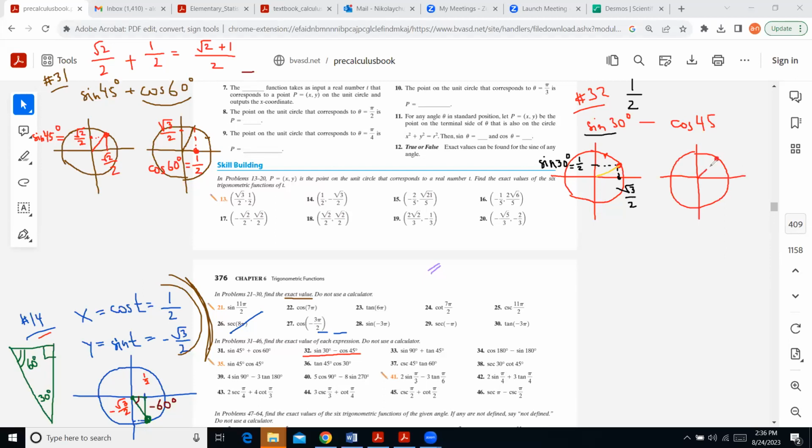So 45-degree angle, our favorite. And then I will be looking at its x coordinate, right? And we already know that x and y are the same. Remember, they were both radical 2 over 2, right? Make sure that your denominator is 2. So square root 2 over 2, and the other one is also square root 2 over 2.